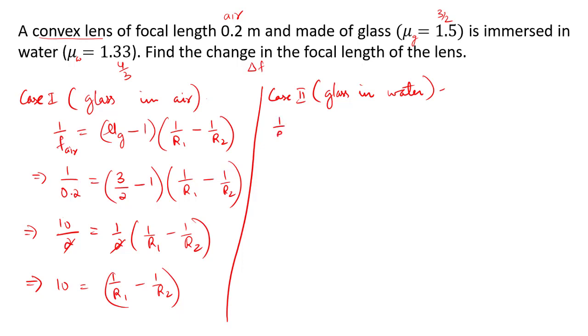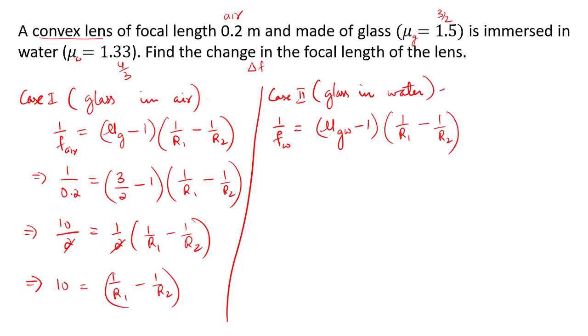So 1 by F in water, let us write FW only, equals the refractive index, mu of glass with respect to water, minus 1 into 1 by R1 minus 1 by R2.